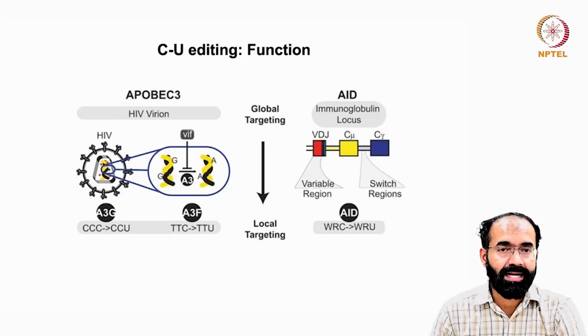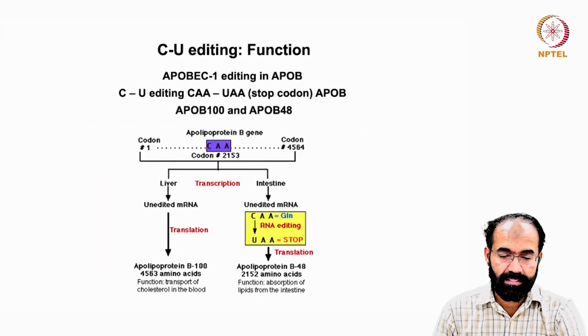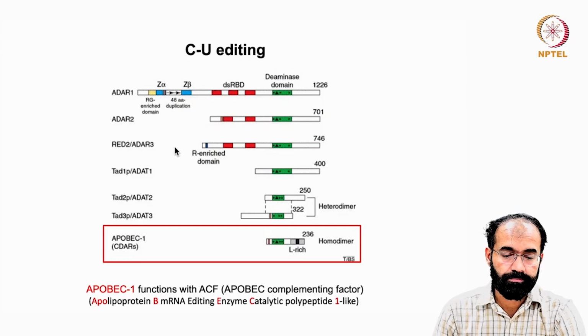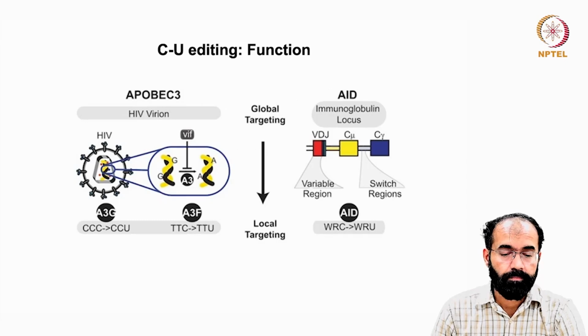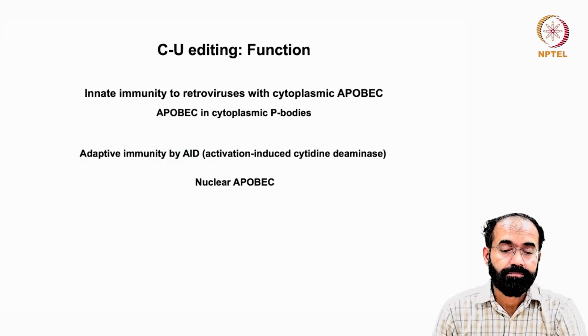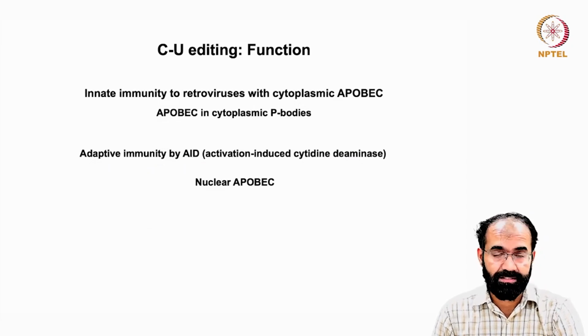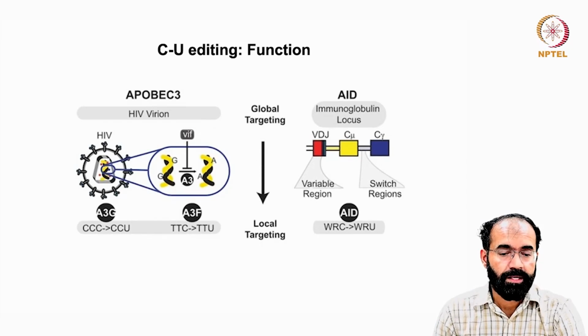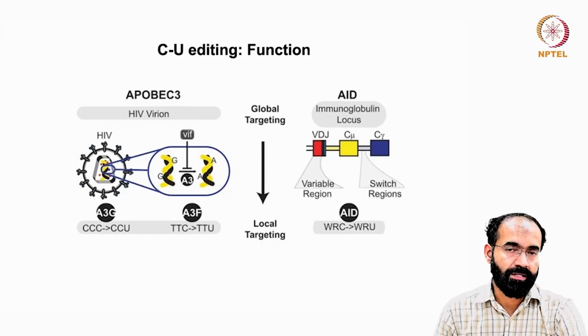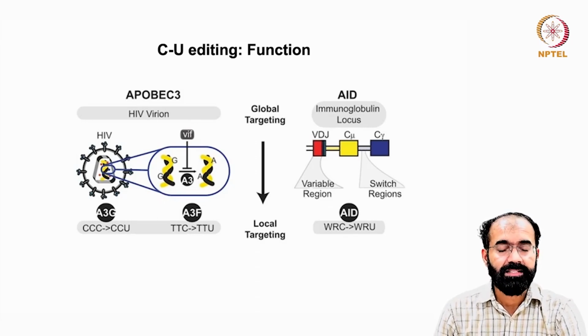So APOBEC3 and AID interact together, because we have already seen that it functions along with other factors, other proteins, and adaptive immunity is caused by activation induced cytidine deaminase, that protein. So APOBEC and AID have a good interrelationship. Take one example such as the HIV virus, which causes AIDS.